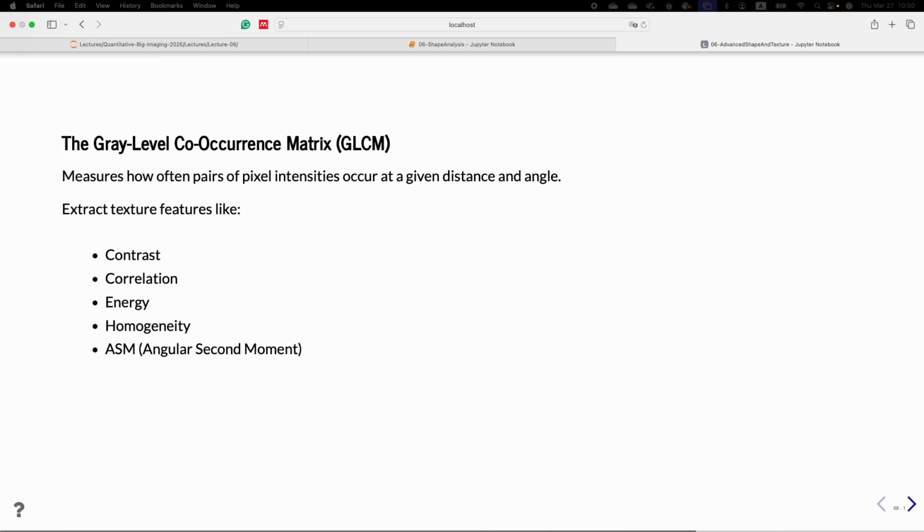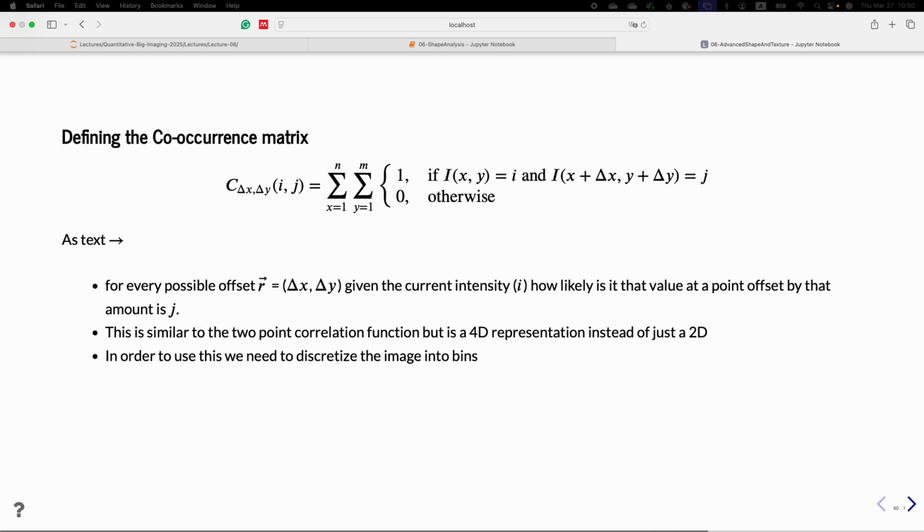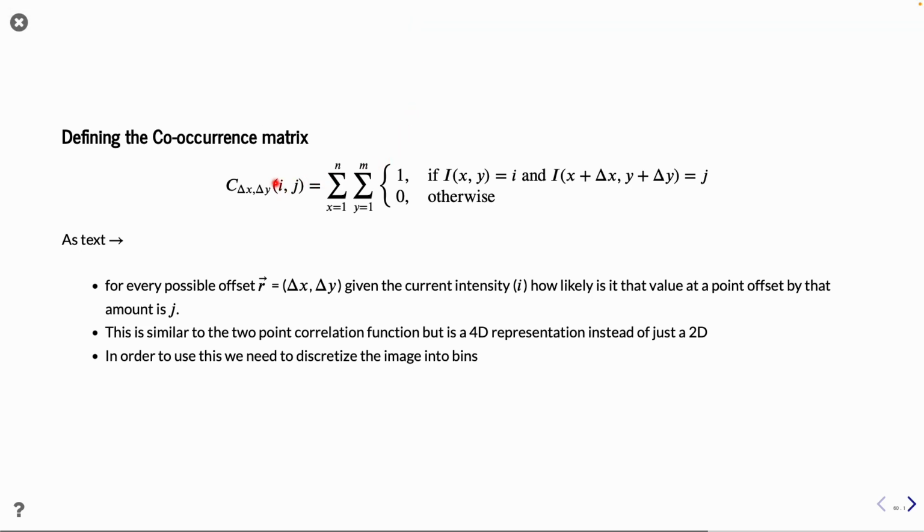One way of doing it is the gray level co-occurrence matrix. It can tell you information like contrast, correlation, energy, homogeneity, and angular second moment. How we create this matrix is a little beast, because you have many parameters of distances, of gray level variations, and orientations.